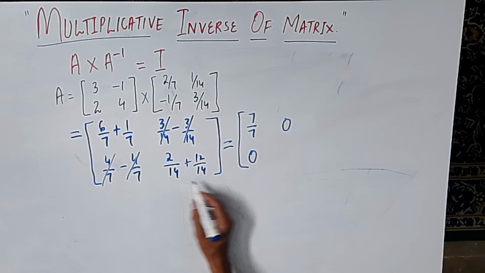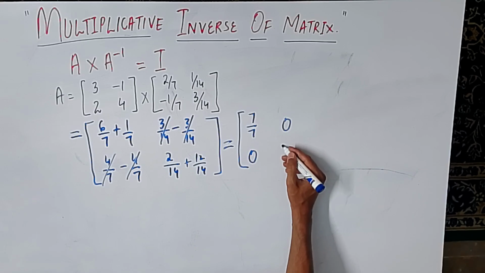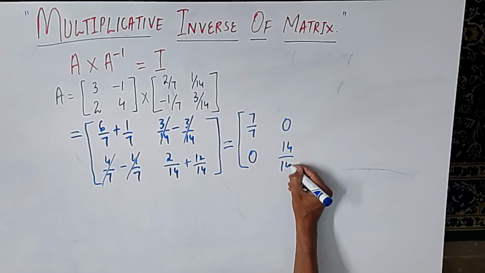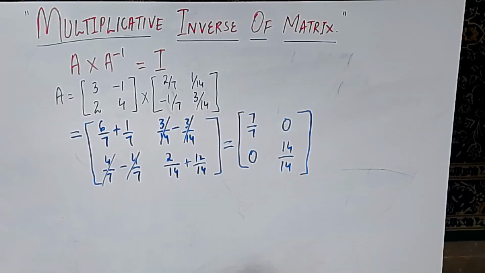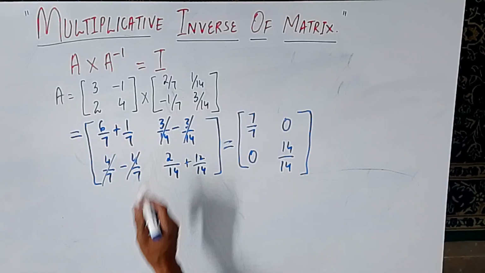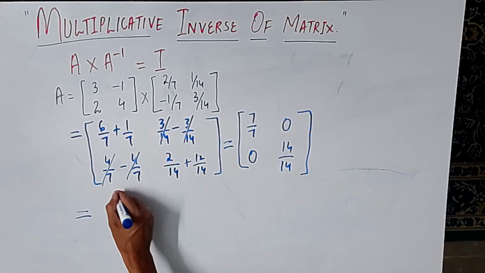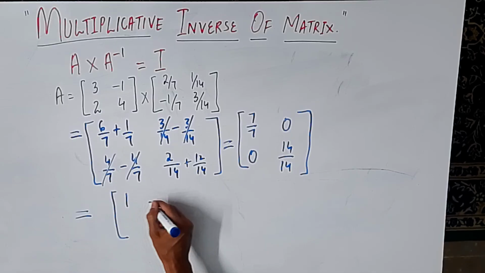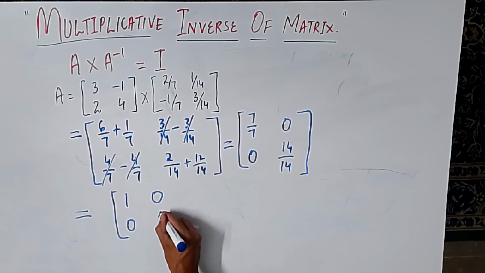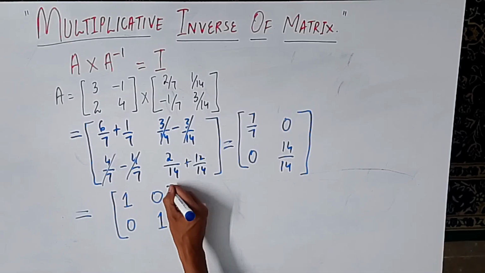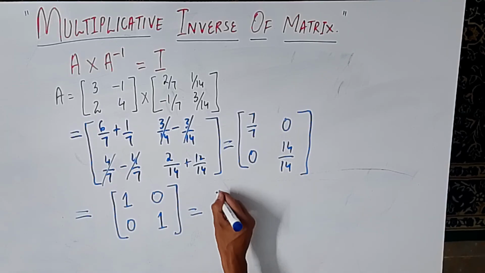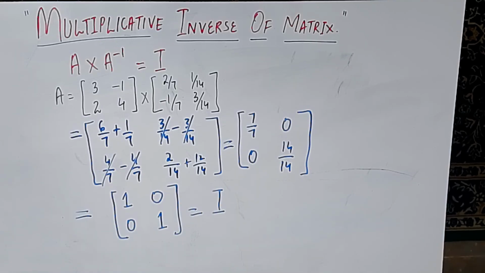And then again the denominators are 14, so 2 plus 12, it will be 14 upon 14. So finally you can see, after multiplying the matrix with its inverse, you are getting a matrix which is 1 0 0 1, and this particular matrix is called identity matrix, which is represented by capital I.